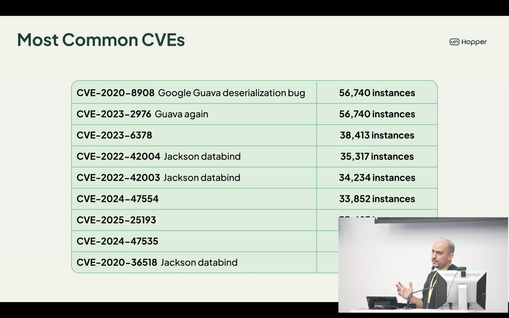There are a lot of other vulnerabilities related to Guava or Jackson databind or Log4j, really a lot of nasty vulnerabilities that are hidden inside.